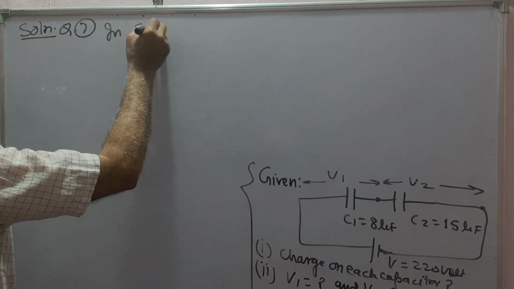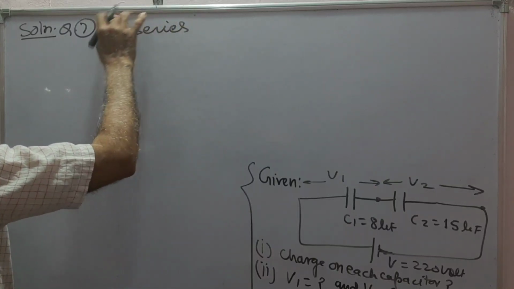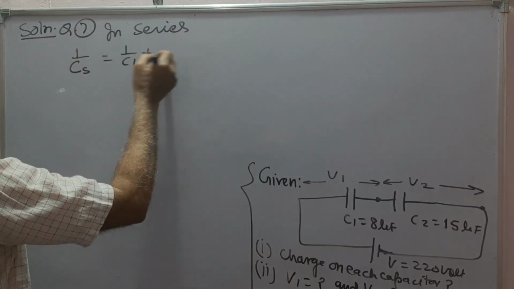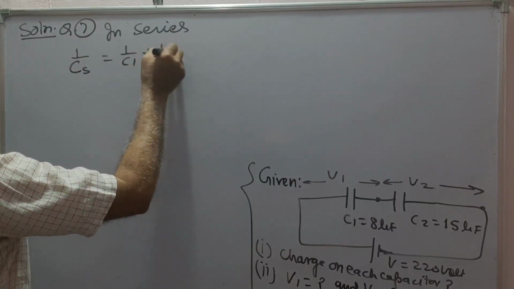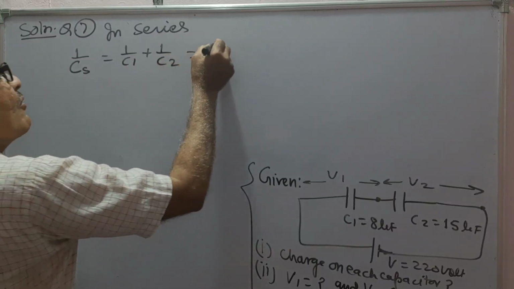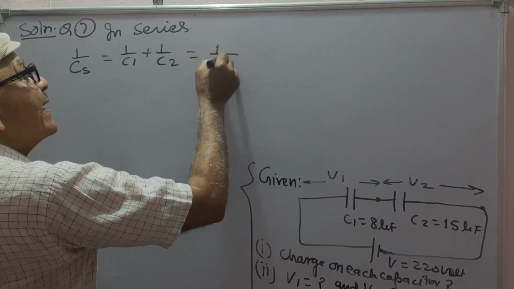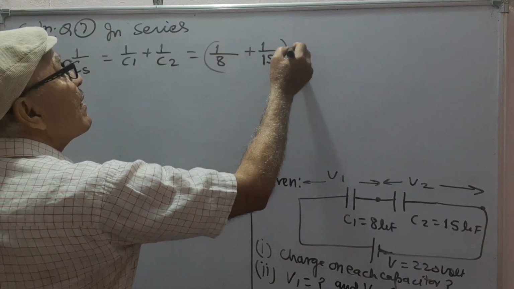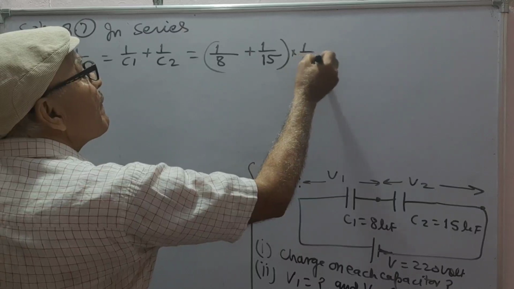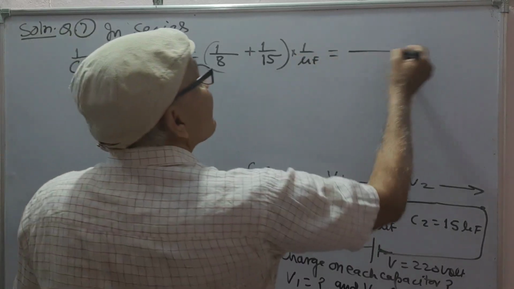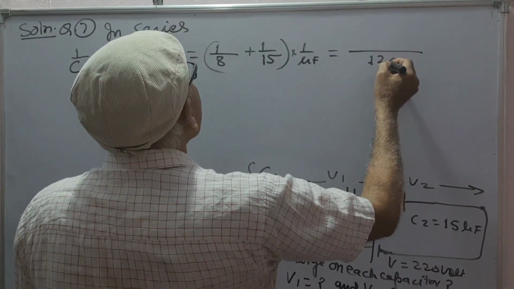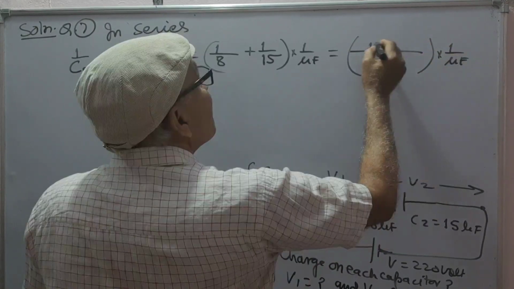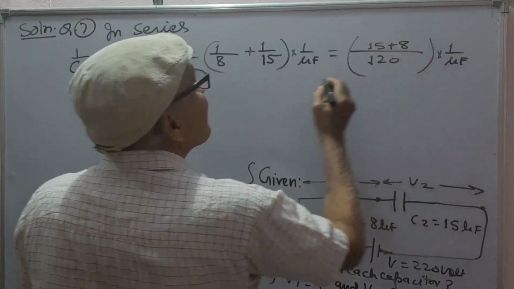In series, resultant capacitance Cs will be given by 1 upon Cs is equal to 1 upon C1 plus 1 upon C2, 1 upon 8 plus 1 upon 15 microfarad. So LCM is 120, (15 plus 8).